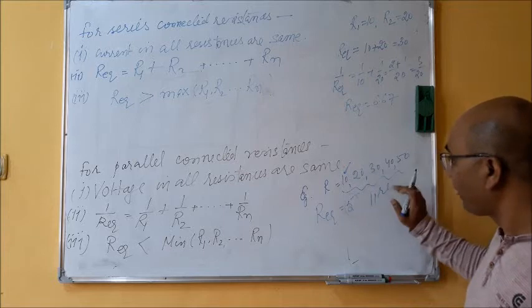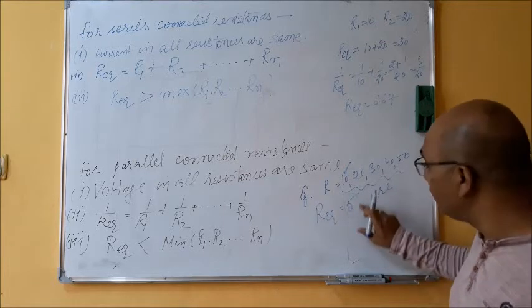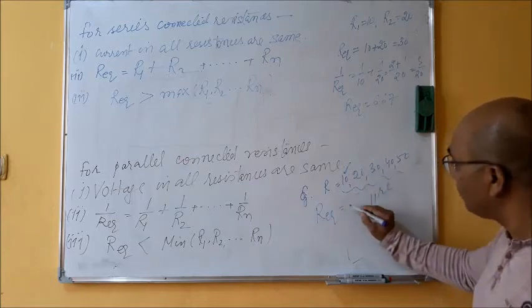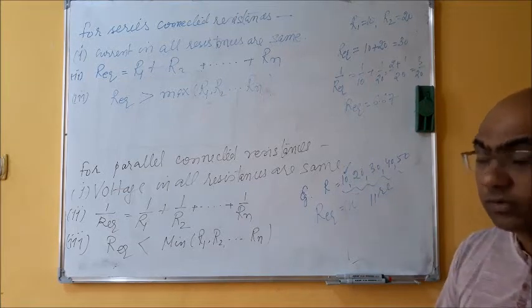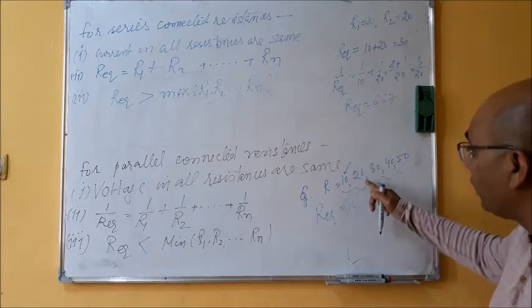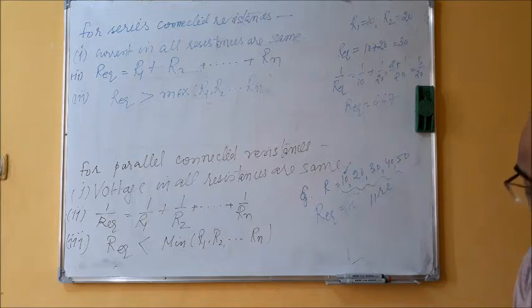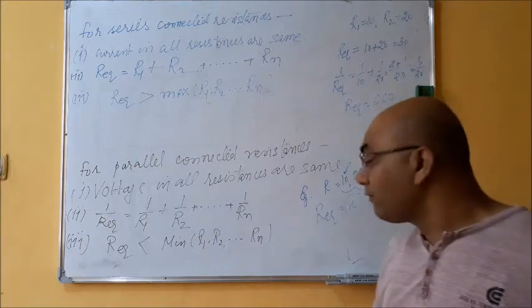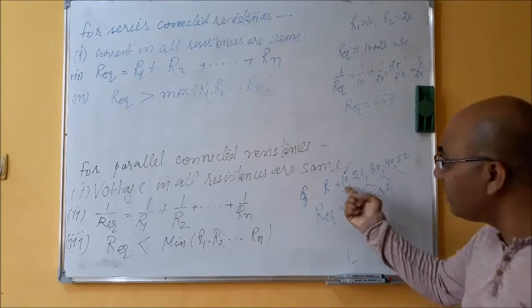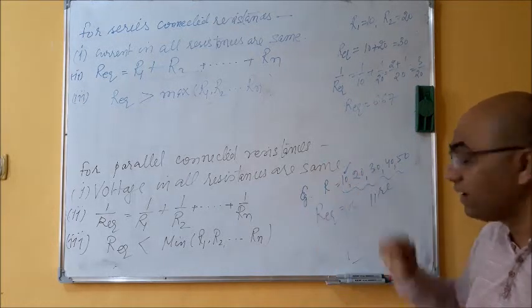Since I am not sure about the exact value, suppose when I solve, it is coming to x, right? And the question is that if I am connecting 10, 20, 30, 40, 50 in some circuit, either series or parallel, so the final value is less than the minimum value of 10, or more than the maximum.